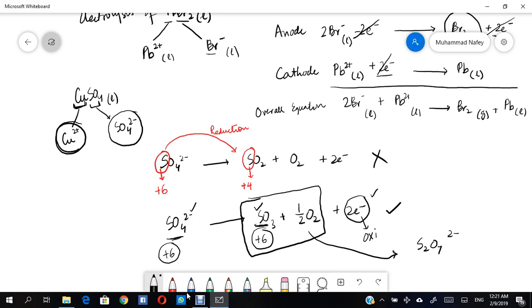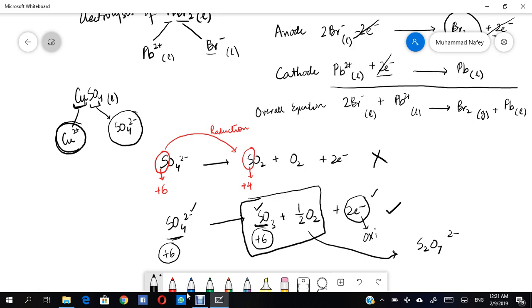I'll just reiterate this again. If you have a liquid sulfate, then what happens at the cathode is pretty simple. Why? Because at the cathode there is a metal ion, and the metal ion is going to gain electrons very simply and form the metal. However, at the anode, the sulfate is not going to form sulfur dioxide and oxygen and give two electrons. Why?